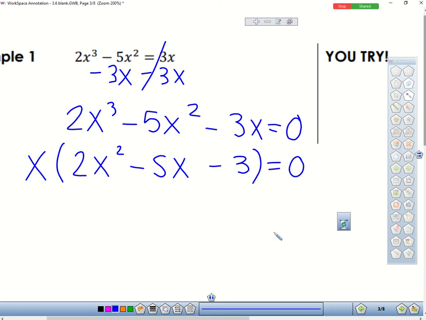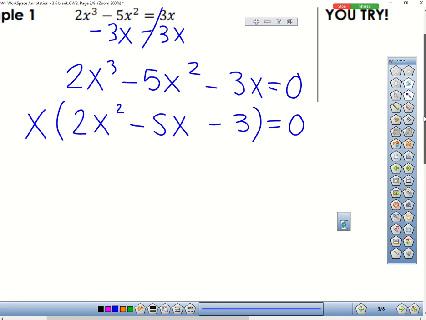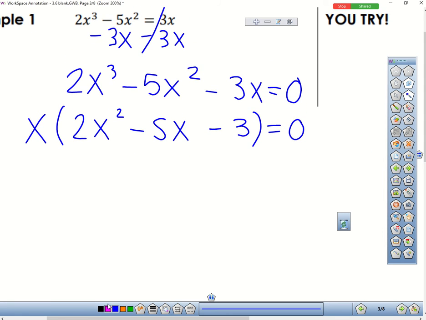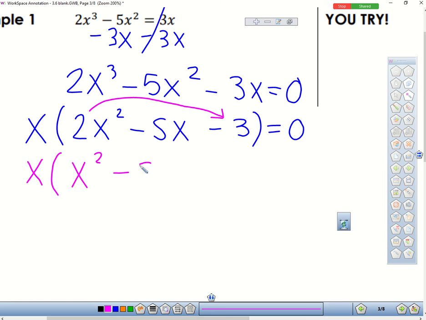Now we're going to see if we can factor the trinomial that's left on the inside of the parentheses. We can't factor this directly, but we can use the AC method. You remember the AC method where we multiply the 2 and the 3? This becomes x times x squared minus 5x minus 6 equals 0.